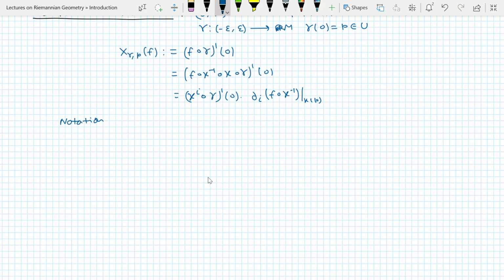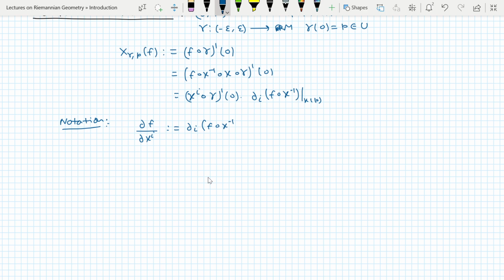Now we have a notation. This is a very important thing. Even the book mentions it, but sometimes we don't pay attention to it. So I'm writing it, and pay attention to it. Del f over del xi. You have seen this notation.